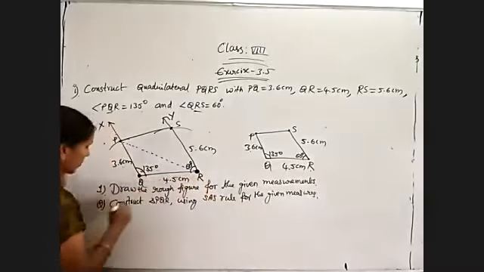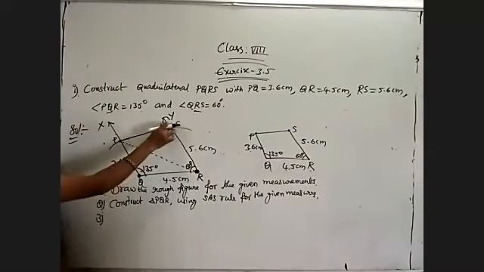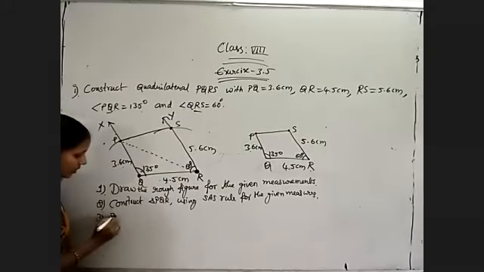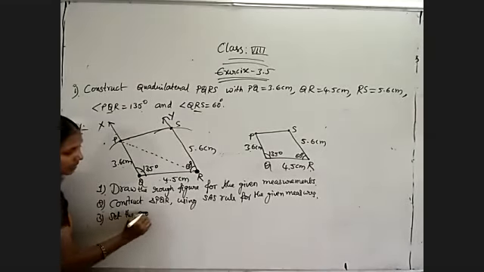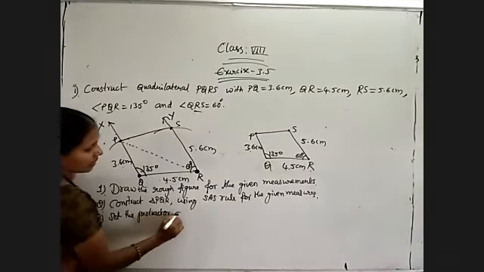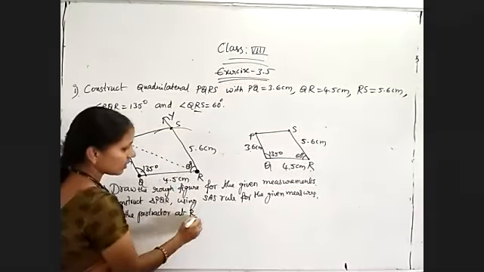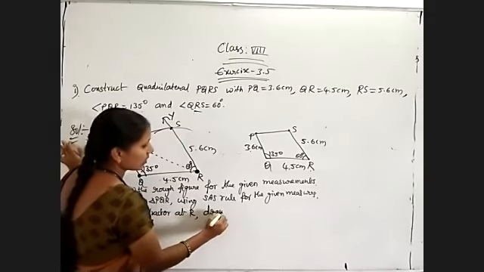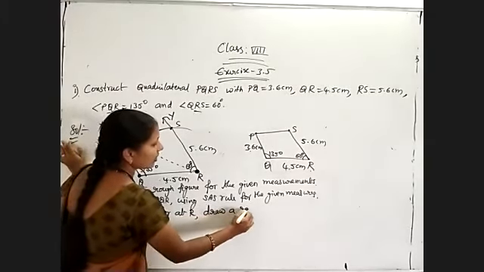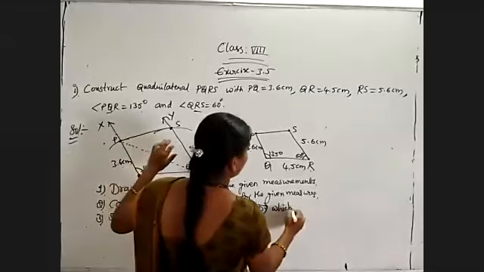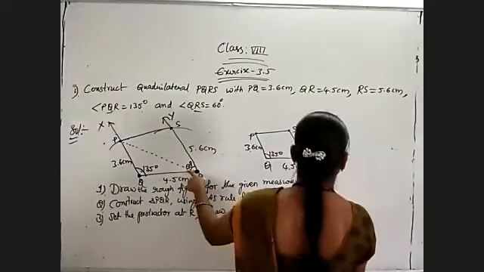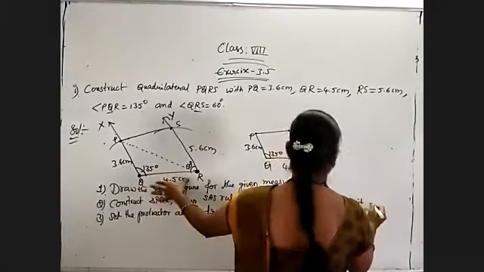And next, third point, after constructing PQR, we are trying to find S. So for that we constructed angle R. Set the protractor at R. Draw a ray RY, which is making 60 degrees with line segment QR.